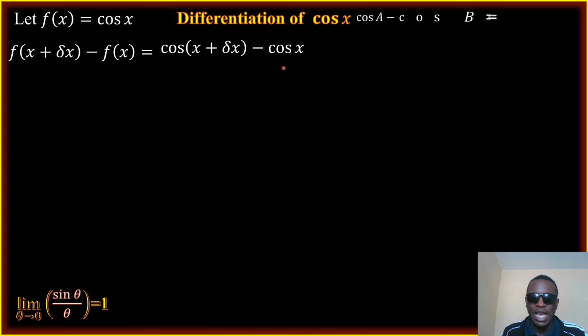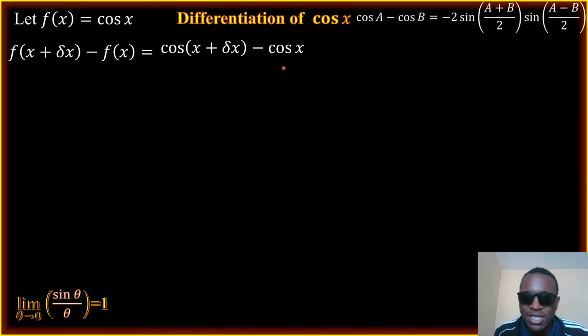So going further, we have to recall again our famous identity that I presented in the first part of the presentation. We said that we are going to make use of this identity: cos A minus cos B is equal to negative 2 sine of (A plus B) divided by 2 times sine of (A minus B) divided by 2.